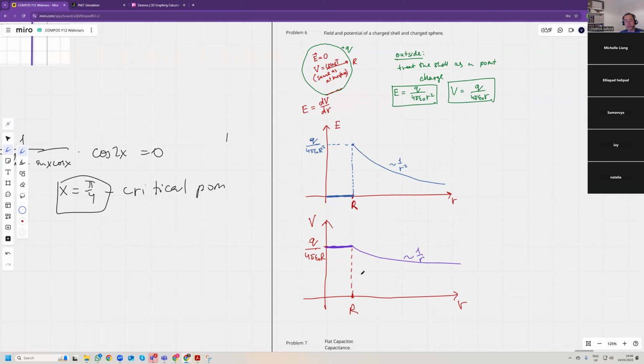So somewhat less dramatic. So that's it. That's how you draw.